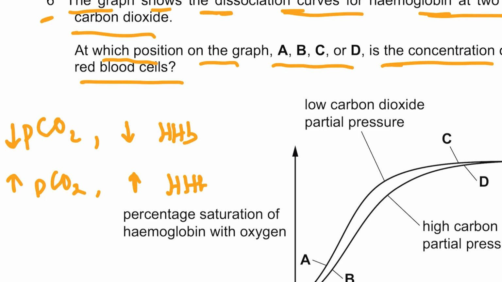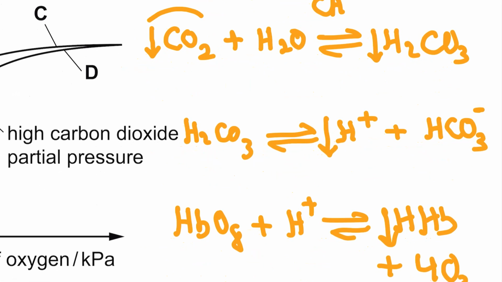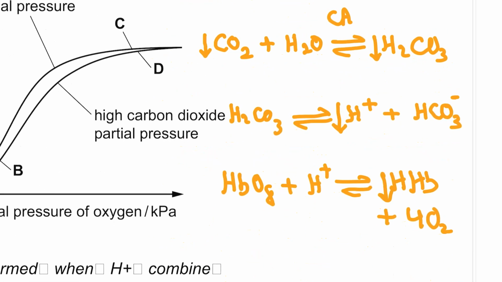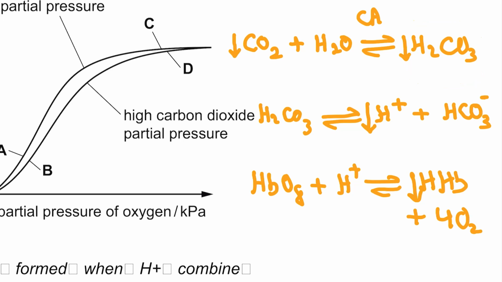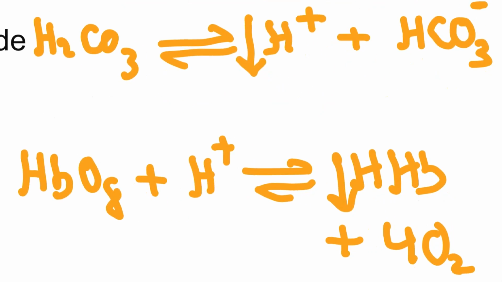Always remember this point. We can figure out this by the equation. If there is low CO2, less carbonic acid will be produced, less hydrogen ions will be produced, and less hemoglobinic acid will be produced. And if there is more carbon dioxide, more carbonic acid is produced, more hydrogen ions are produced, and more HHb are produced.